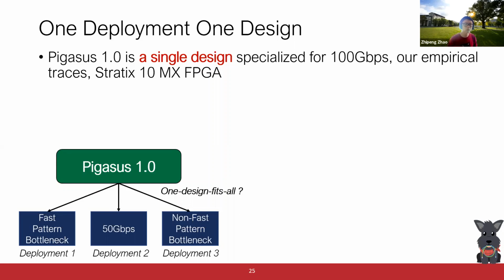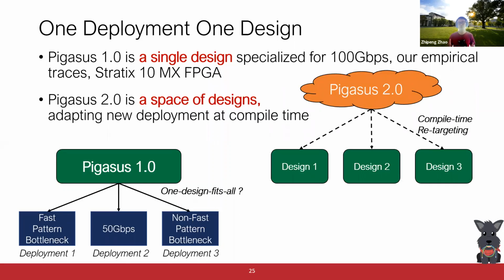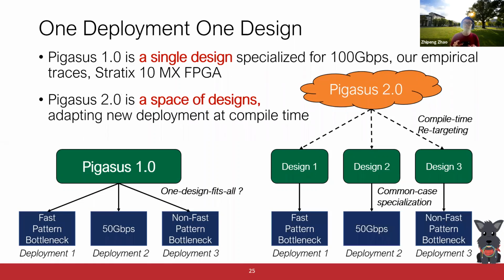And to address the problem, we propose Pigasus 2.0. Here, instead of generating a single design, we provide a space of designs, and we let the users pick the most suitable configuration at compile time. Each design itself is still highly specialized for the particular deployment environment in order to retain the efficiency.